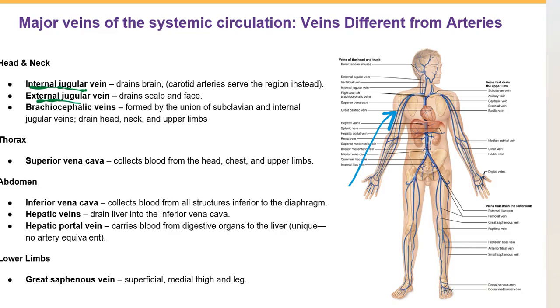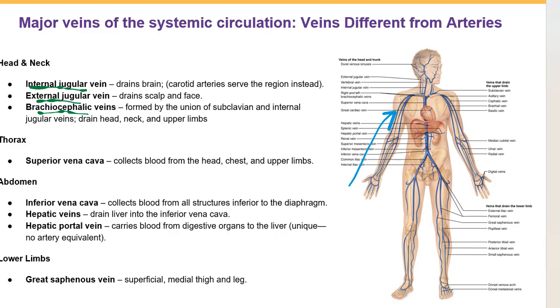And then we have brachiocephalic vein. As we saw, we have one brachiocephalic trunk as the artery, but we have two brachiocephalic veins, right brachiocephalic vein and left brachiocephalic vein, which are formed by the joining of subclavian and internal jugular veins on each side.